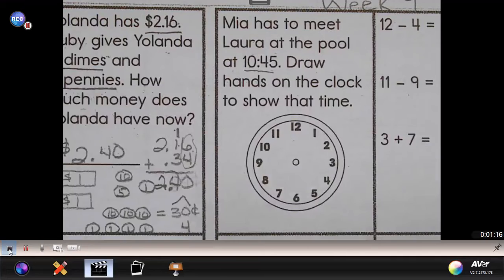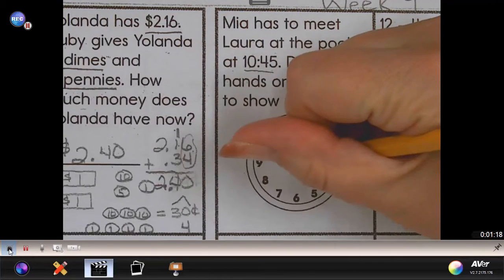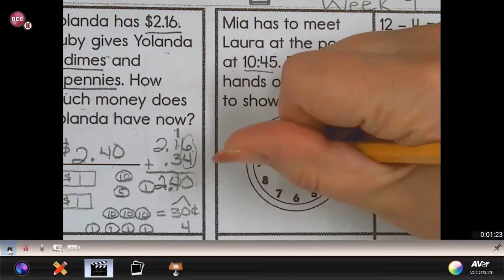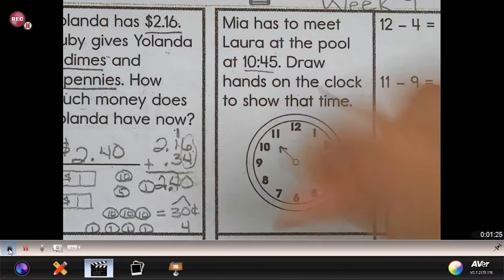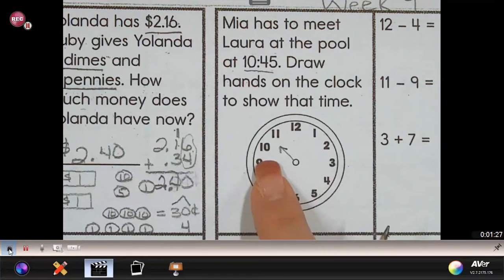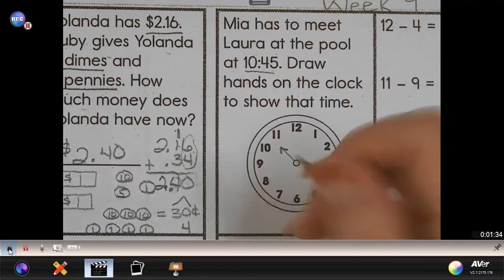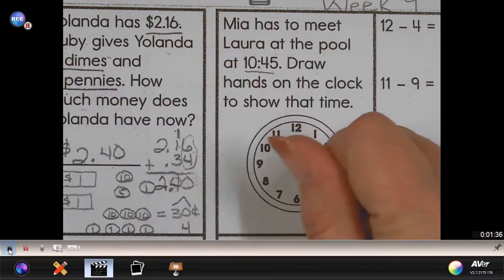So we are going to draw the short hand between 10 and 11 because it's not 11 o'clock, it's still 10 o'clock. And remember, we draw a short hand as the hour hand. So this is my hour hand.